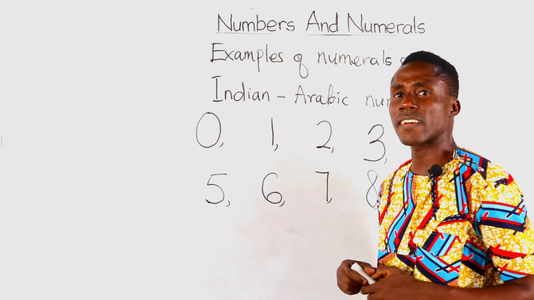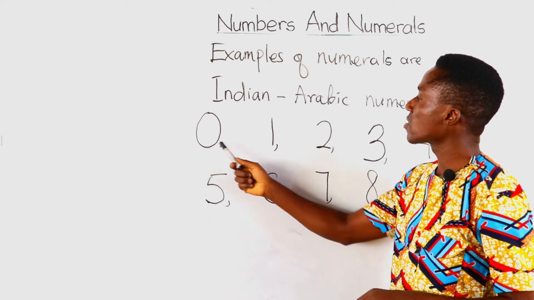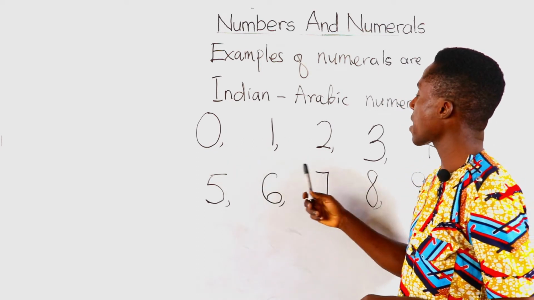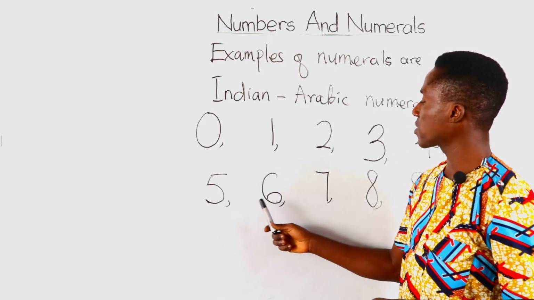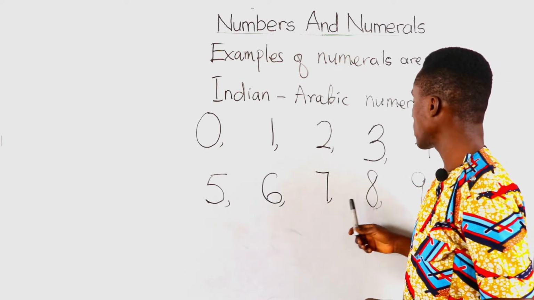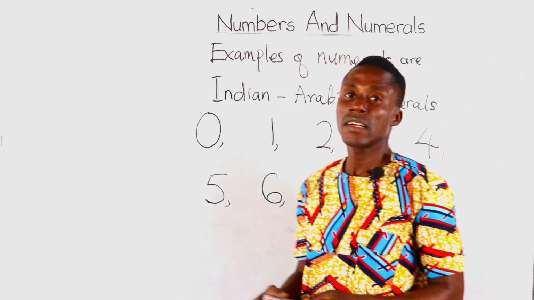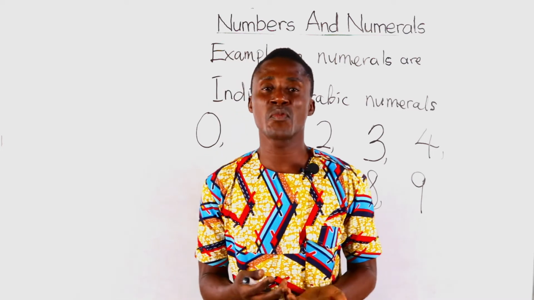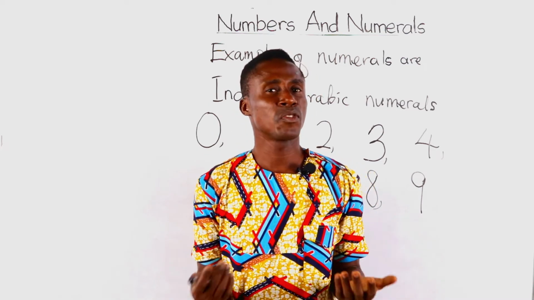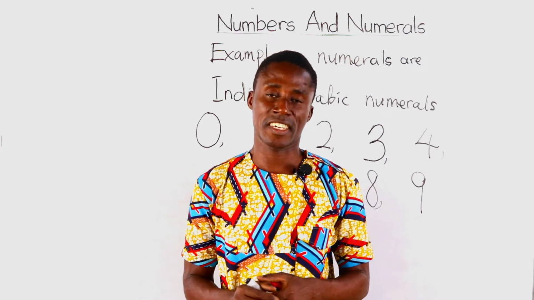So these are the Indian Arabic numerals: 0, 1, 2, 3, 4, 5, 6, 7, 8, and 9. Now, these symbols, or these numerals, are the numerals that we use mostly all over the world today.